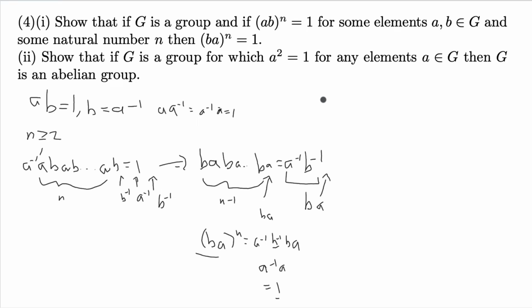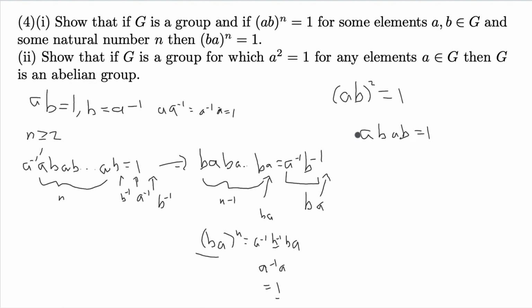Next, remember we noted we could do this for more complicated elements than just A itself. And since we're trying to show the group is abelian, let's put a product in there. Namely, let's have (AB) squared is equal to 1. Well, that means that ABAB is equal to 1.